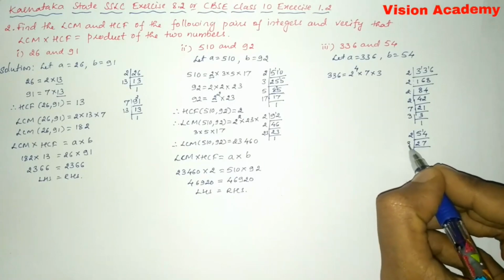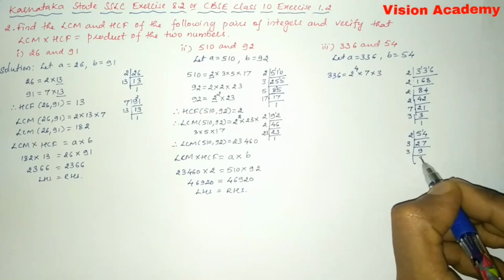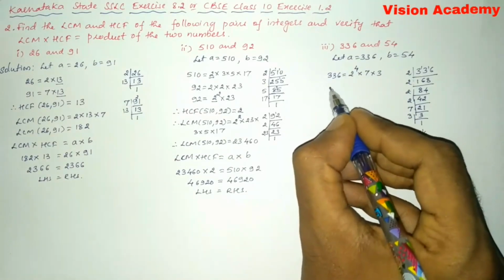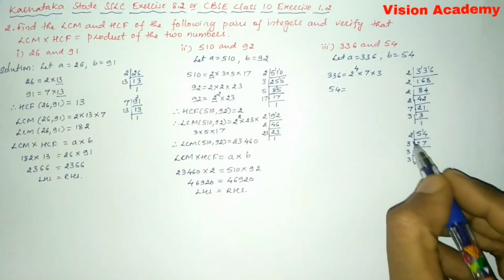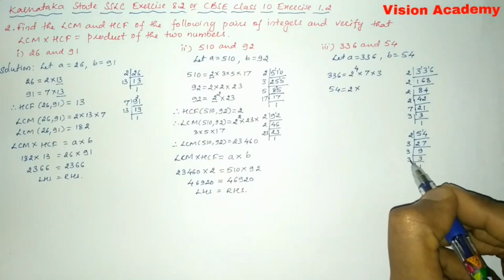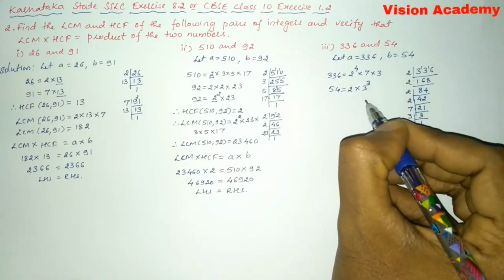So here this one will get divided by 3. So 3 9s are 27, next 3 3s are 9, next 3 1s are 3. Now 54 can be written as the product of prime factors 2 into 3 into 3 into 3, that is 3 is multiplied 3 times, that is 3 to the power 3.